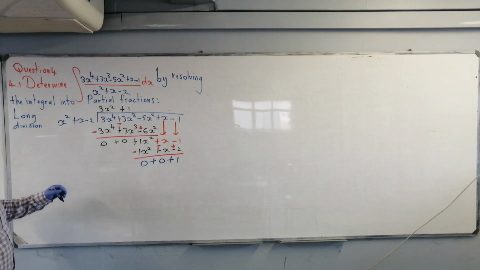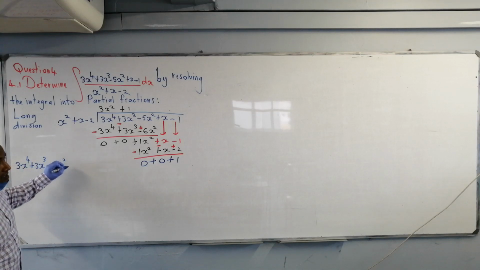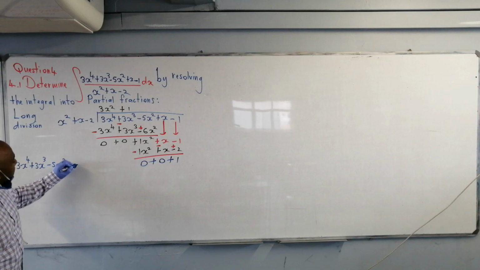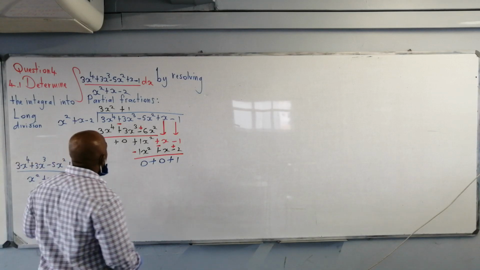Okay, so therefore, what did we have? We had 3x to the power 4 plus 3x cubed minus 5x squared plus x minus 1 all over x squared plus x minus 2.